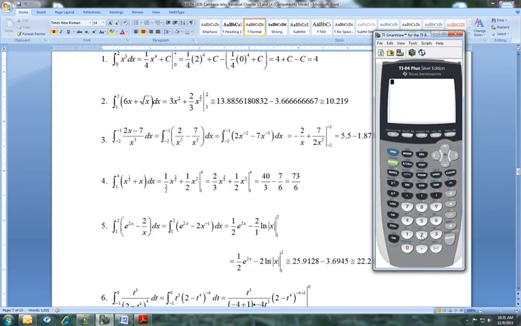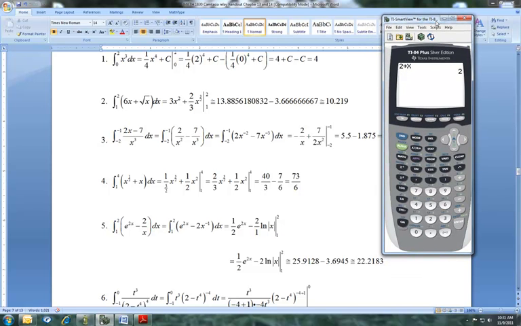So let me put in 2, storing for x. Enter. Type in this part because once we integrate, we first put in our upper limit when we do it by hand minus our lower limit. I need to move this a little bit so we can see.